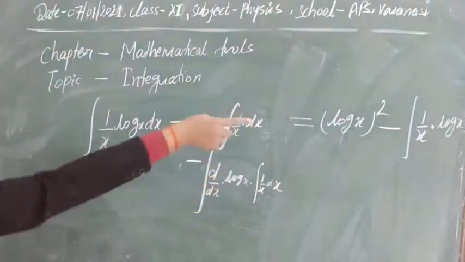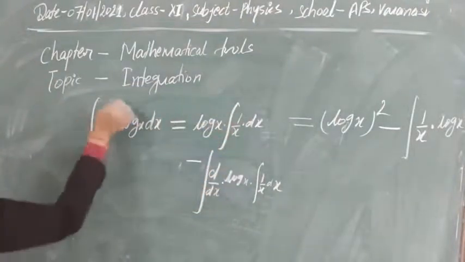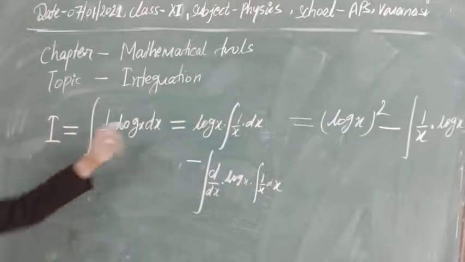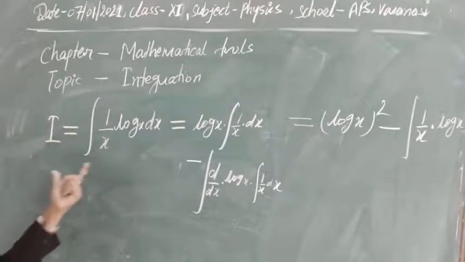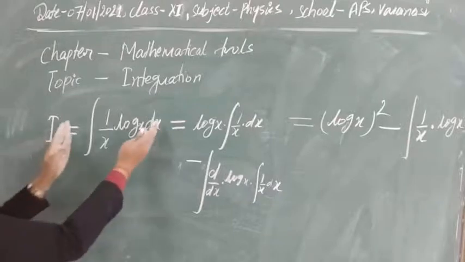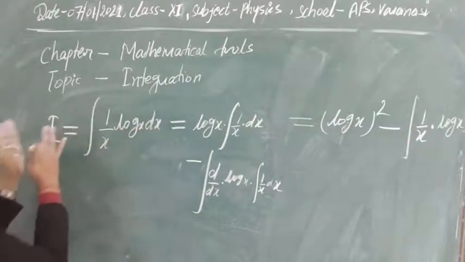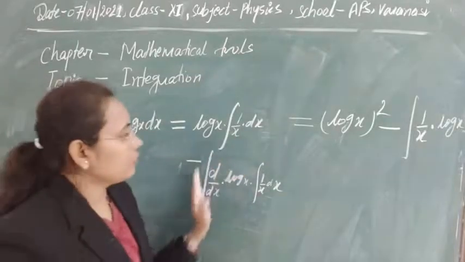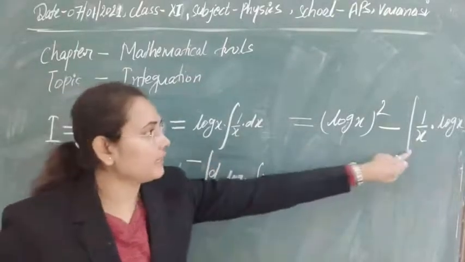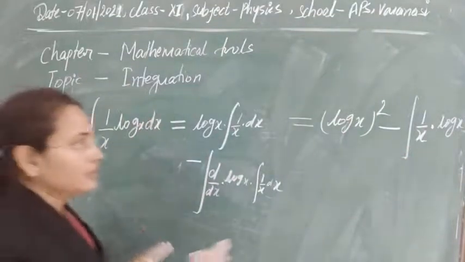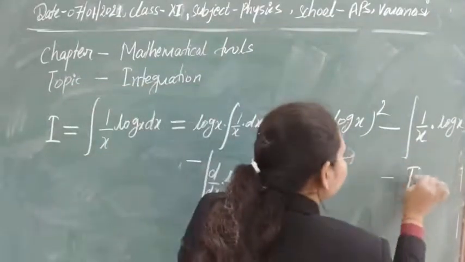For this type of solution, suppose the whole integral that is given is equal to I. We suppose that the integration of the function 1 by x log x is equal to I, and we have solved it by parts. We see we are again getting the same thing that we have to integrate, so you can put I in its place.